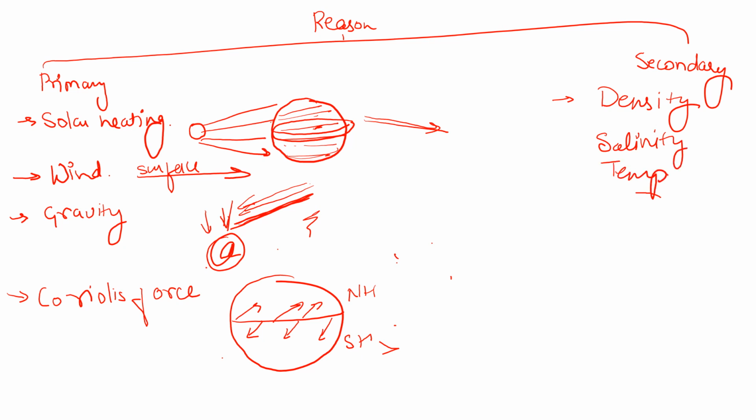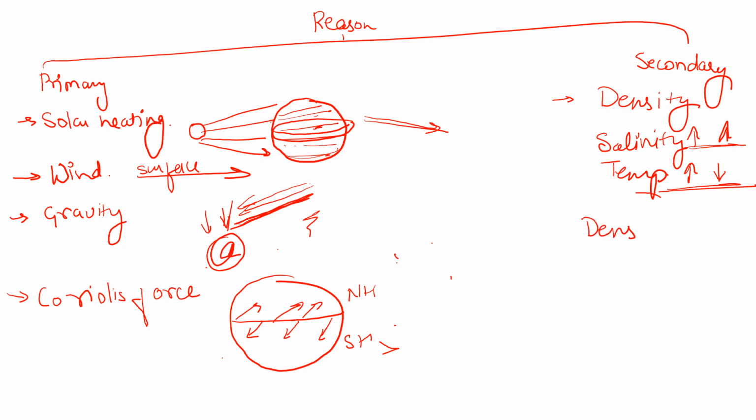So high salinity leads to high density. High temperature, that is the warmer the water, the less dense it would be. In the case of salinity, it's directly proportional. In case of temperature, it's inversely proportional. So the dense water tends to sink while the relatively lighter water tends to rise.